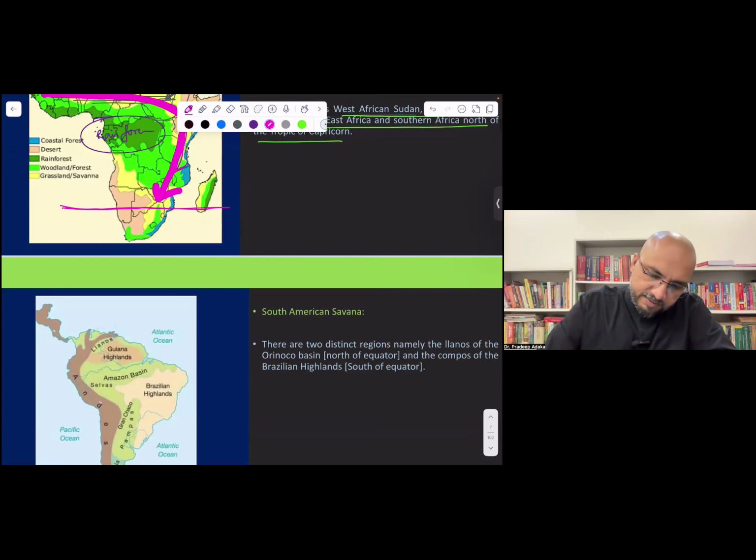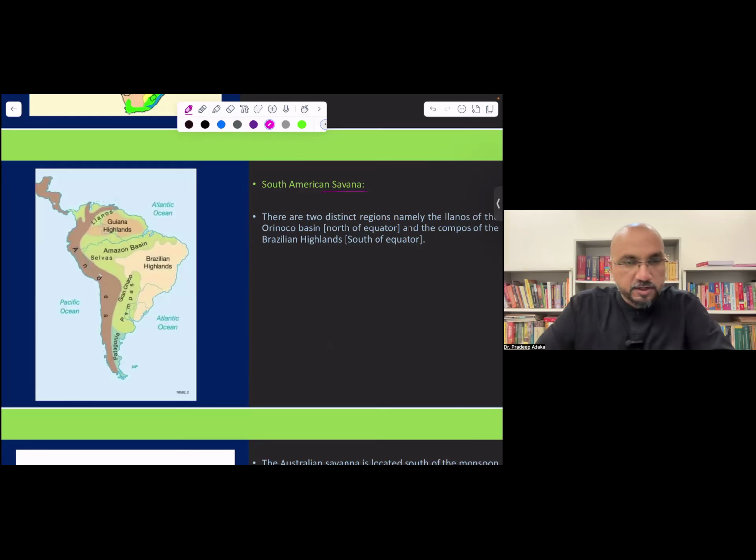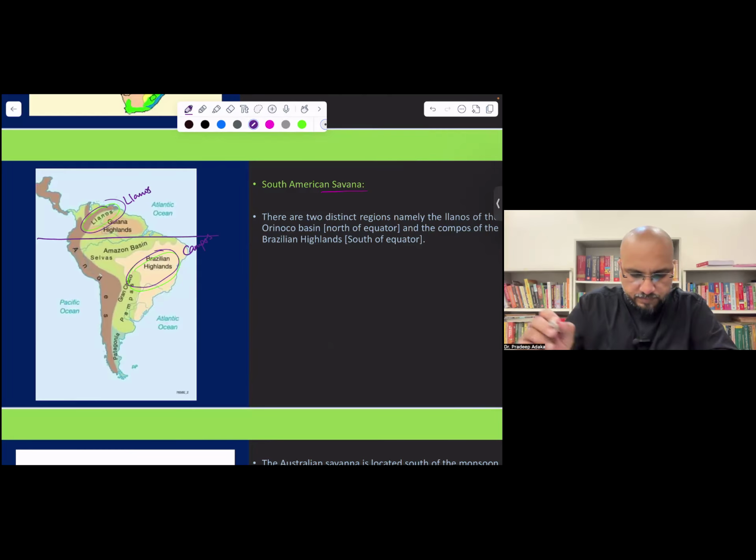Then you have savanna in South America also. You have llanos, and in this region you have campos. So just above the equator you have llanos, below the equator you have campos.